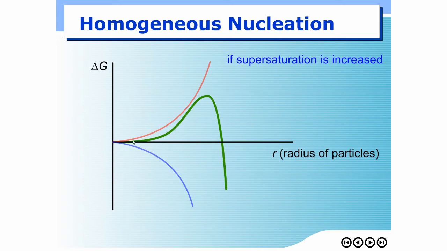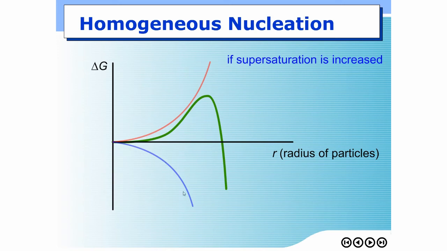It has nothing to do with the red line, because supersaturation level is associated with concentration inside the solution before the solid particles are formed. But the red line is a function of energy that was increased because of the formation of solid. So whether or not we have high or low supersaturation level, it does not change the red function at all. Okay?